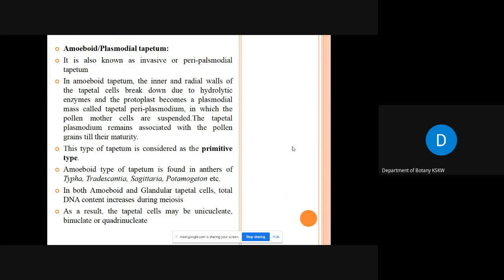Whatever protoplasm is present will form a plasmodial mass called the tapetal periplasmodium. At once it will become associated with the pollen grains until the maturity of the pollen grains. This particular type of tapetum is the primitive type of tapetum.